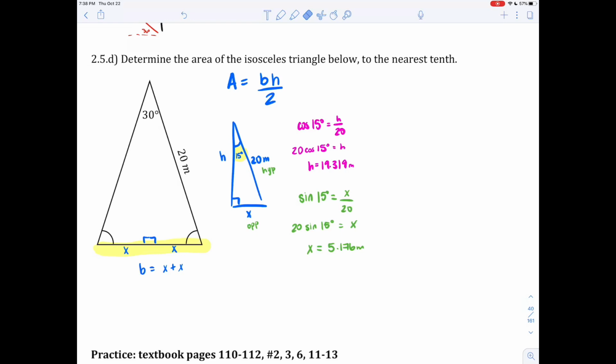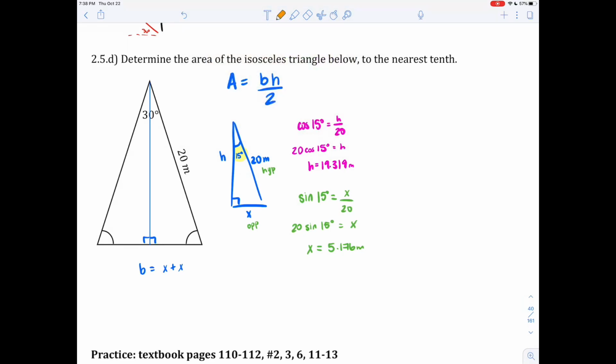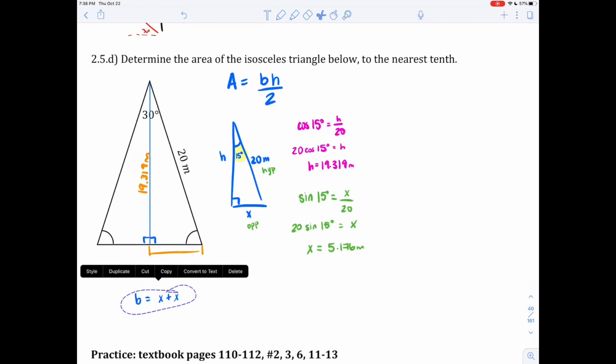If I would like, I can label that on my triangle to help me visualize where those numbers belong. So I know that my height is 19.319 meters, and my value of x would be 5.176 meters.